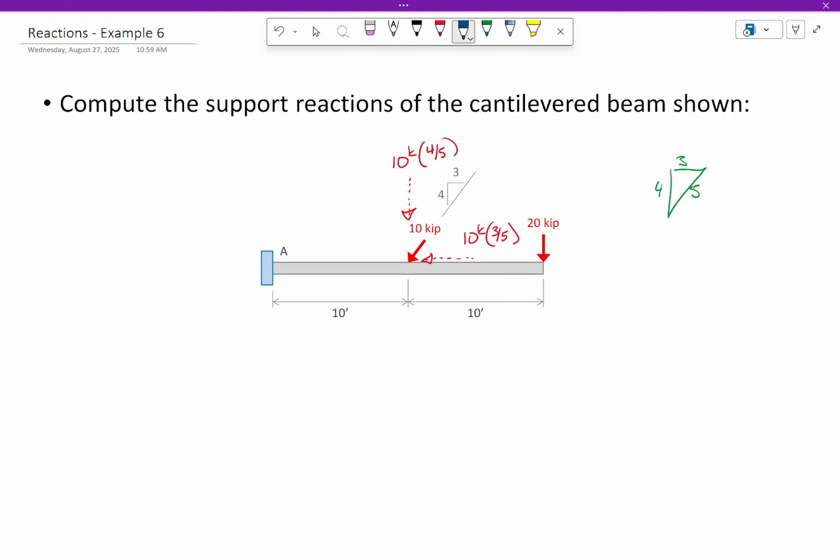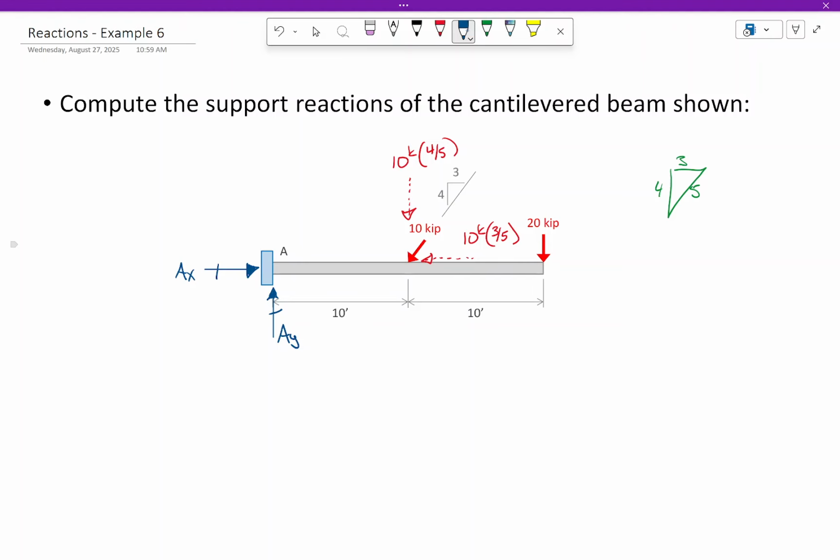Now, let's talk about the reactions. It's a fixed support, so remind me, how many reactions are there? 3. So there's a vertical reaction, which I'll assume acts upward. There is a horizontal reaction, which I'll assume acts to the right. And there is a moment reaction.